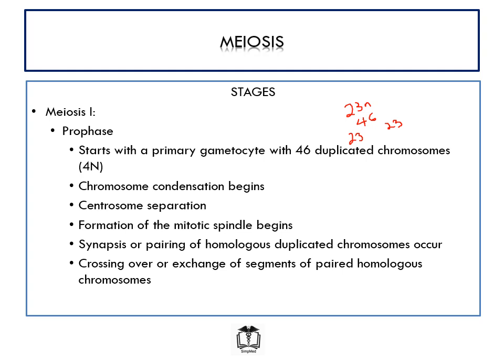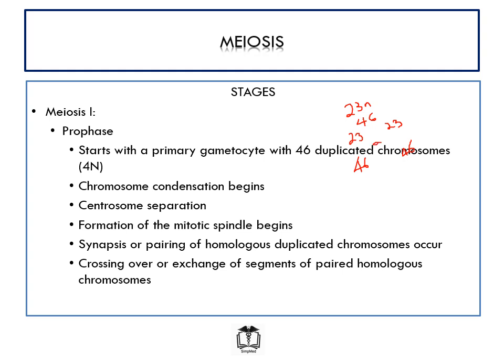So we go from having 46 chromosomes, as 23 mother and 23 father, to having a total of 46 chromosomes on the mother side and 46 chromosomes on the father side, making a total of 92 chromosomes. And like I said, this is what we start with.